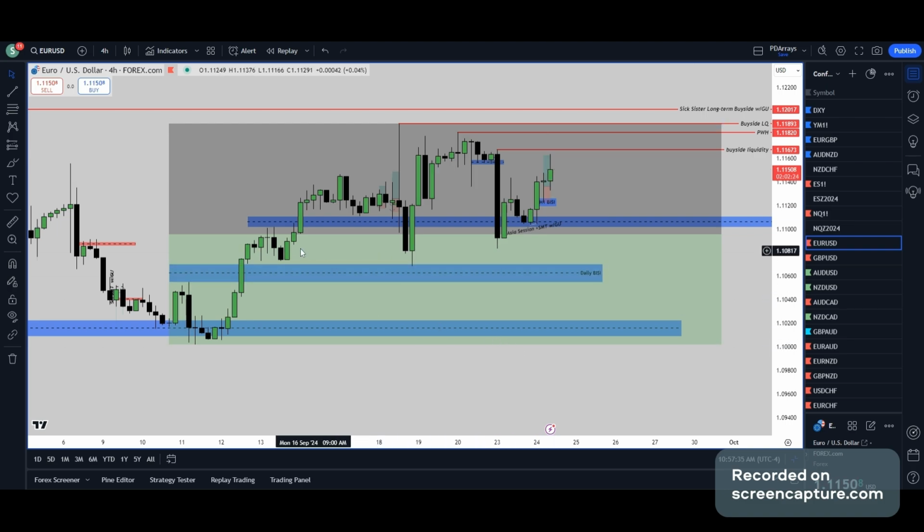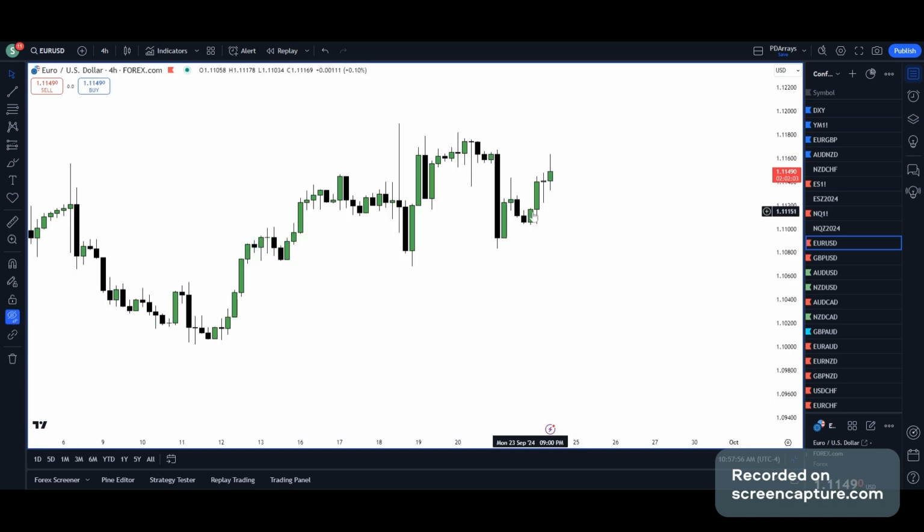But what we could make use of is that this daily buy side balance, sell side efficiency also lines up with the 4 hour buy side balance, sell side efficiency. We see price left that area, came back down, and so we have a gap here as well. I'll take this off just so that can be clear. Between this candle's high and this candle's low, we have a 4 hour buy side balance, sell side efficiency, which I wasn't really concerned about.